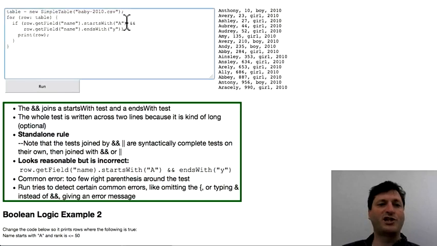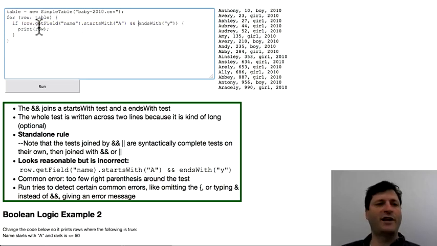As I said before, each of these tests is complete and stands on its own, just syntactically the way we did before. There's one form of the code that looks right but is wrong, so I'll create that here. If you just write it this way, I'll pronounce it: row.getFieldName dot starts with A and ends with Y. To the ear, a human would know what that means, but this code does not work.